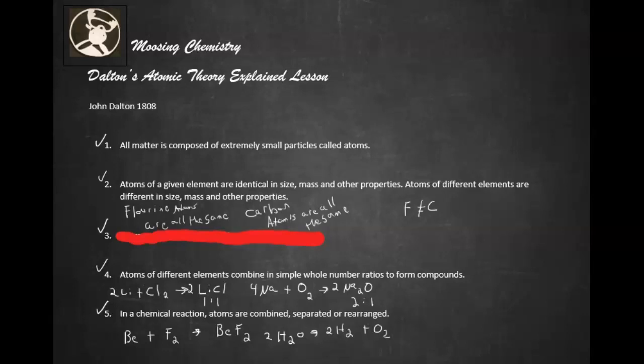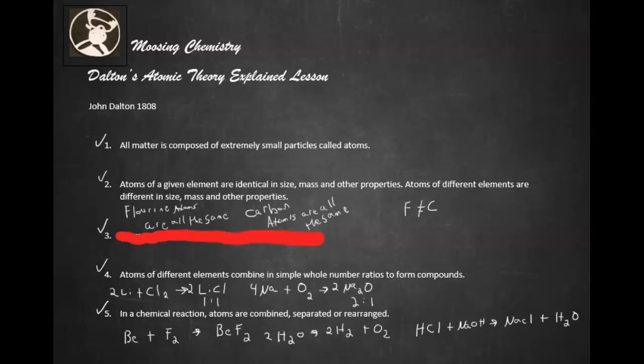Let's look at an example of being rearranged. Let's say we take hydrochloric acid plus sodium hydroxide, and we're going to make sodium chloride plus H2O. And that looks balanced.